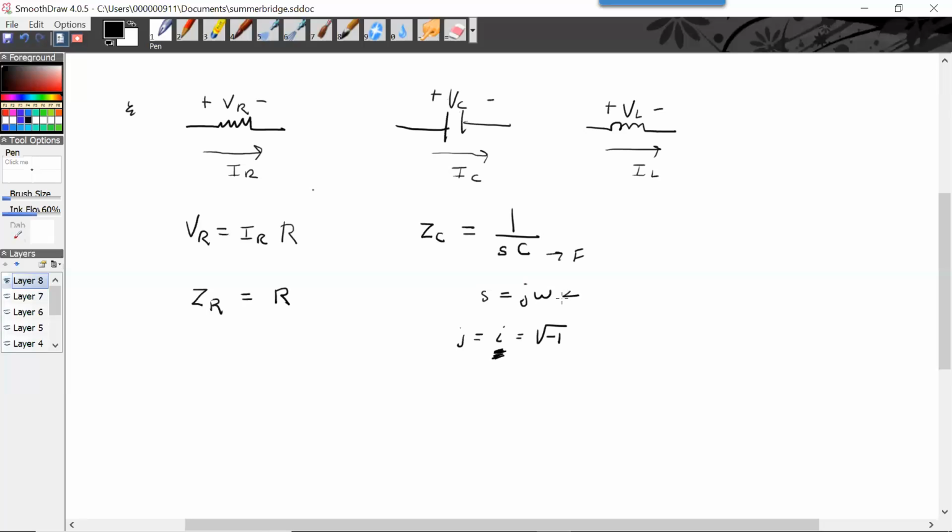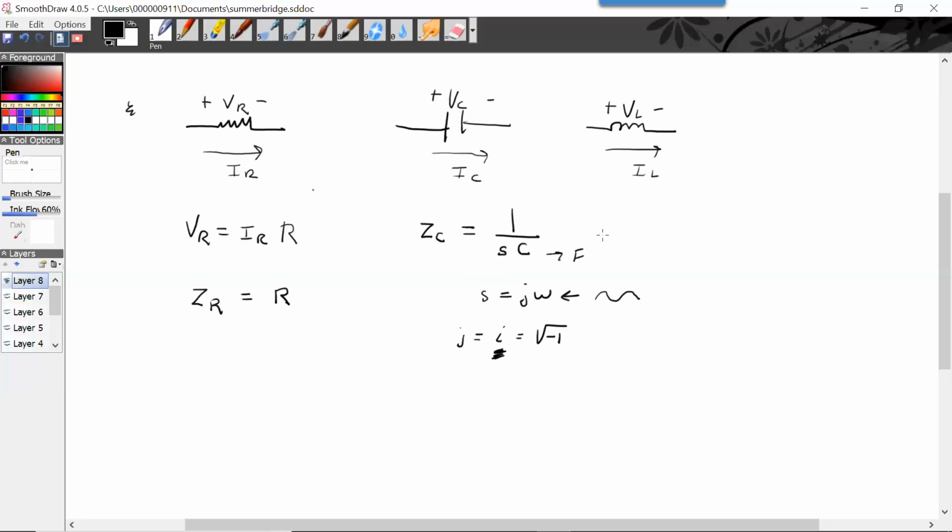And ω happens to be the frequency of a sine wave in radians. So when you start talking about a capacitance, you're talking about frequency, because if the frequency was 0, this impedance would go to infinity.